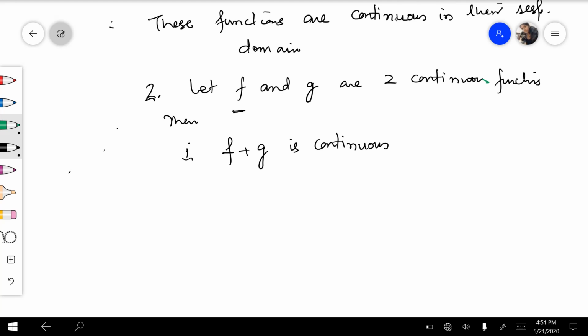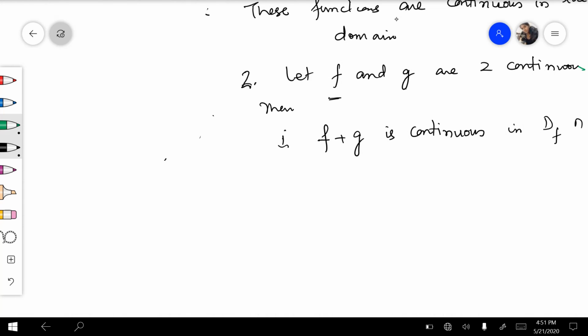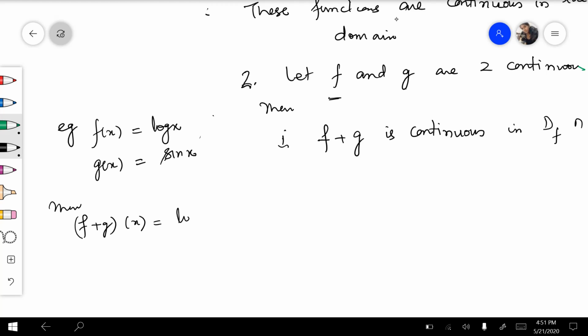Then if f and g are two continuous functions, then their sum is continuous in domain of f intersection domain of g. इसके लिए थोड़ा सा एक एग्जांपल मैं कोट कर रहा हूँ. सपोज आपके पास f of x that is equal to log of x, और g of x आपके पास है sin of x. Then f plus g at x is equal to log of x plus sin of x.